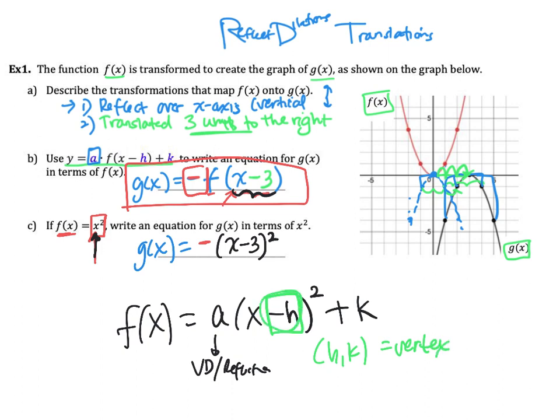If it's minus h, you're going to have a positive h here, and if it's positive k, you're just going to have a positive k. So hk is your vertex, and then you have your vertical dilation and also the reflection if it's negative in front. You can see your vertex here was 3, 0, so that's why we have a 3 here. We have a plus 0, so you don't even need to put plus 0.